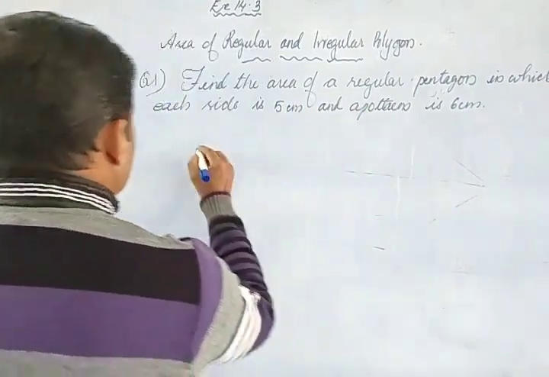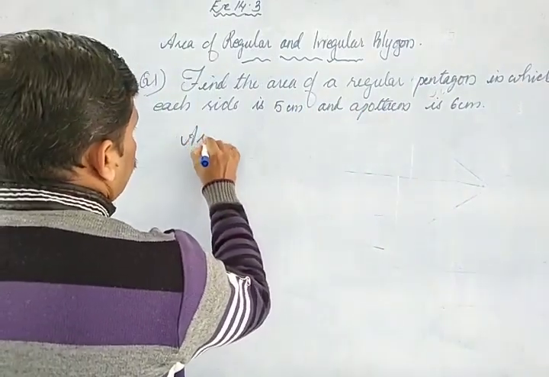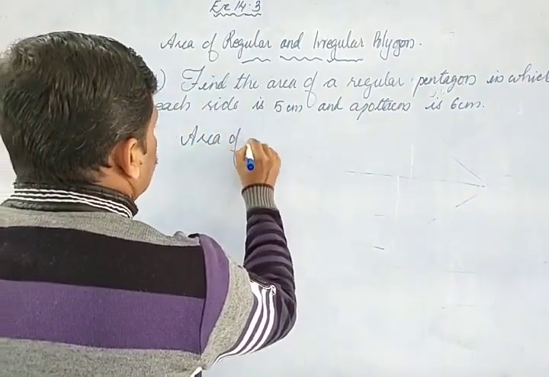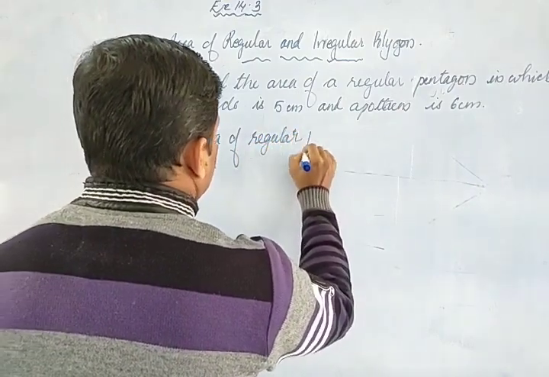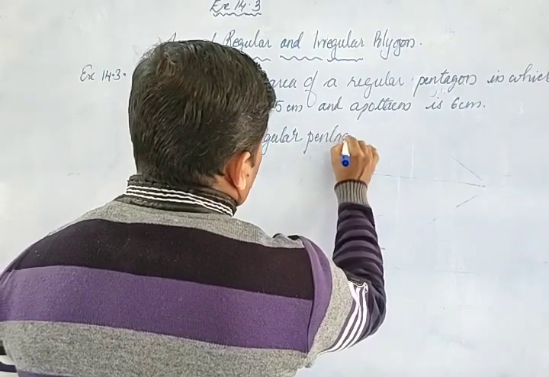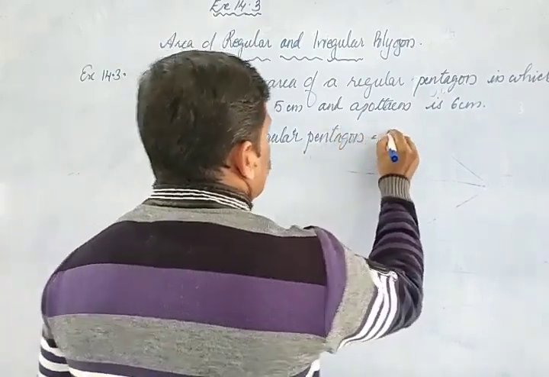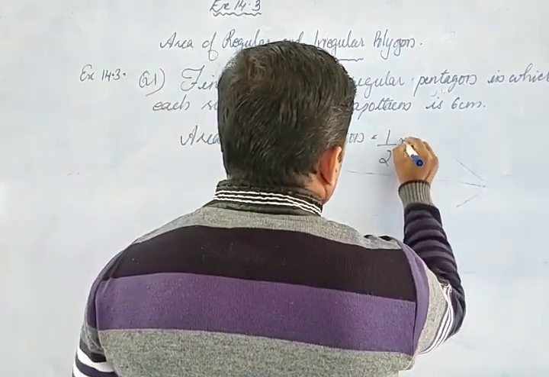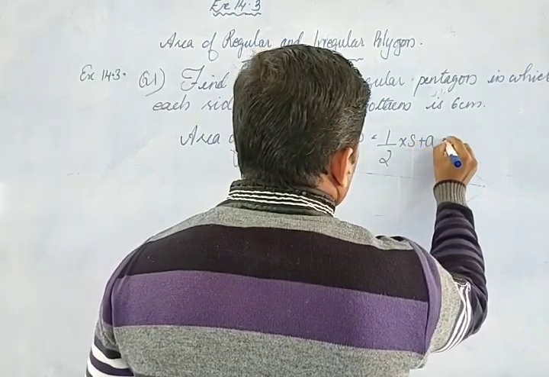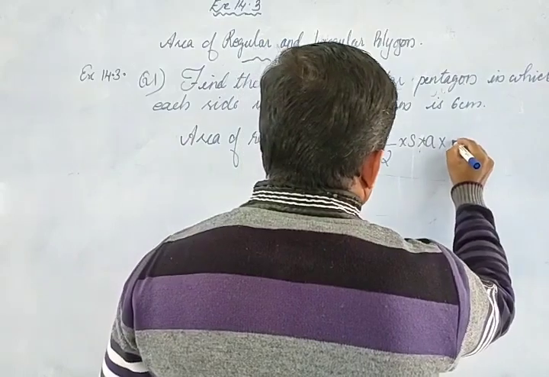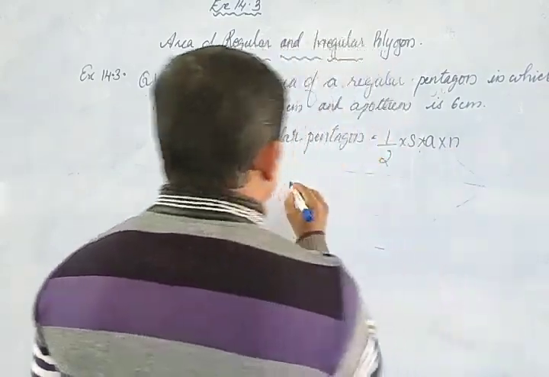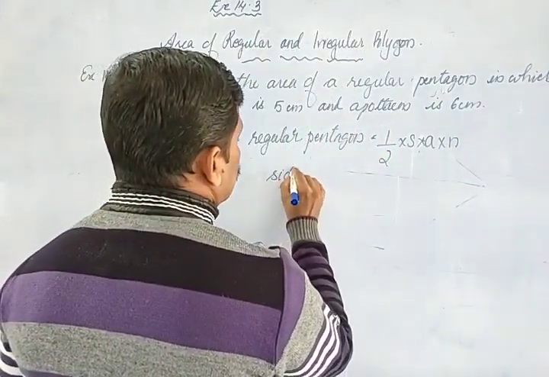So here the area of a regular pentagon is equal to half into side into apothem into n, the number of sides.